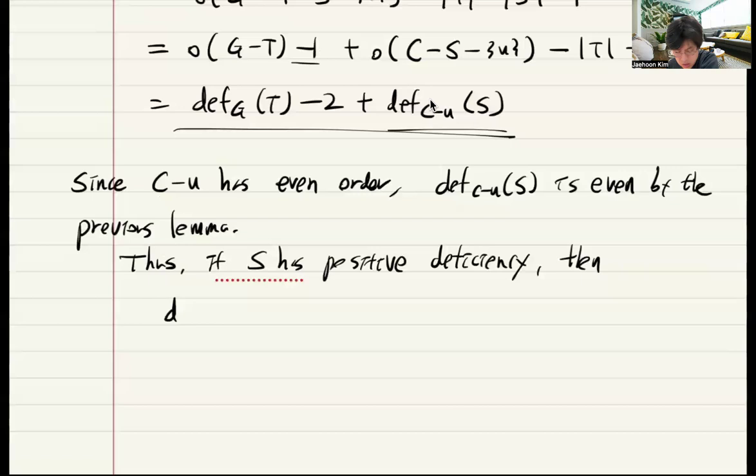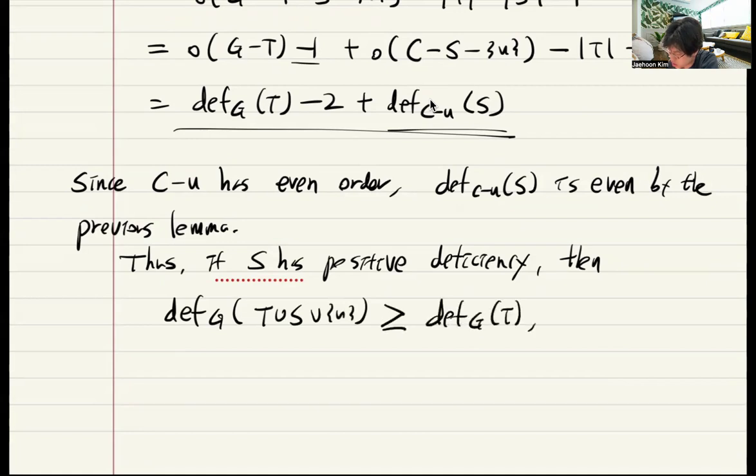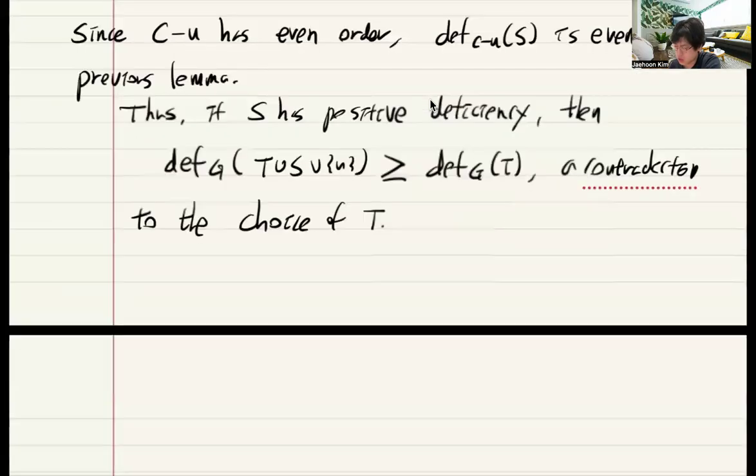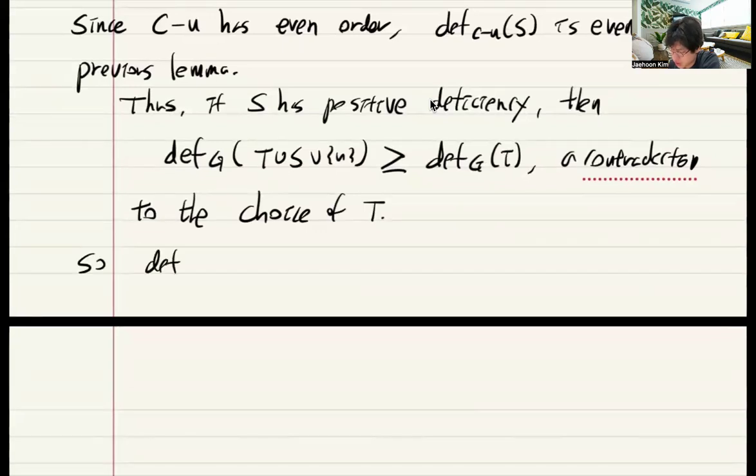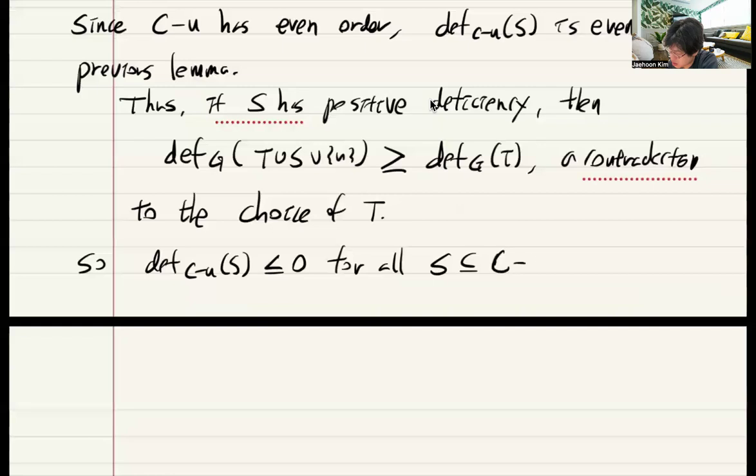Then we get that the deficiency of G, T union S union U is bigger than or equal to the deficiency of T, a contradiction to the choice of T. So we conclude that the deficiency of S in C minus U is non-negative for all S in this C minus U. Such a condition holds.